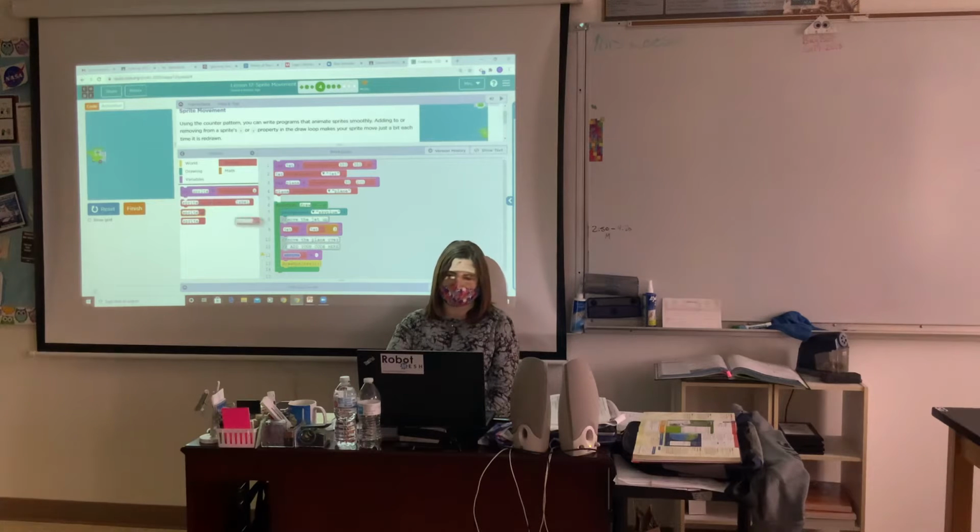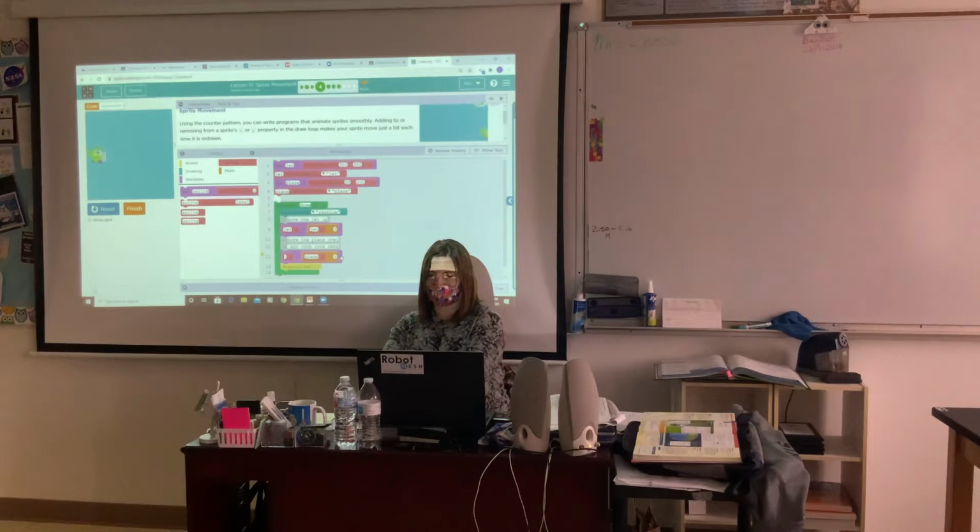Then I have to use the sprite X again on the other side, but there I need to add to it, so I bring that orange one over, and then the pink one over. I need to change the name of the sprite to plane, and I change this one to plane, and I have it at the same value as the other one, so it's still going to be 3. So I'd have to drag all those over.